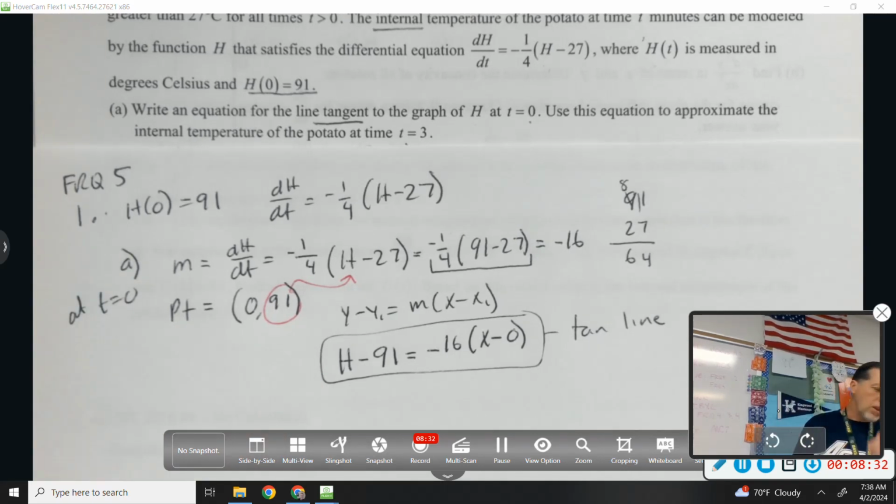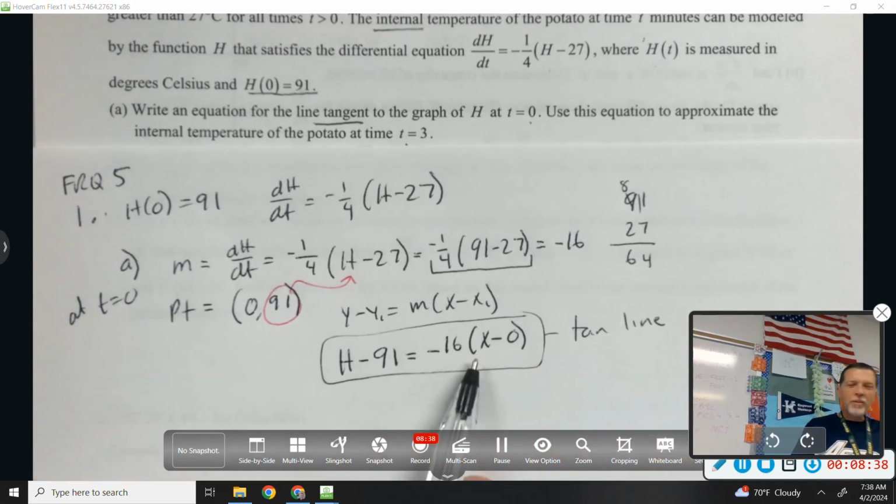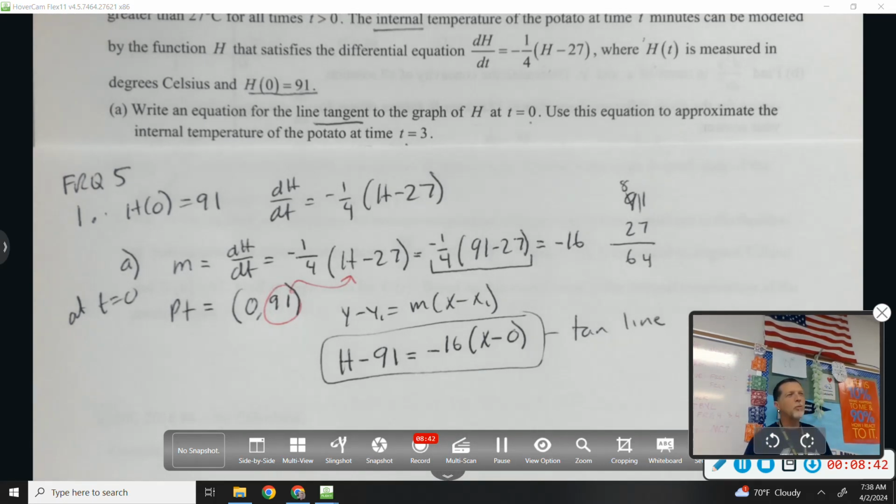Use that equation to approximate the internal temperature at time 3. Oh, I made a small mistake here, and it's a mistake that people ask about probably once a month in my little Facebook group. You see the minor mistake that I made? Good news is you would not get counted off for it. It's that minor.